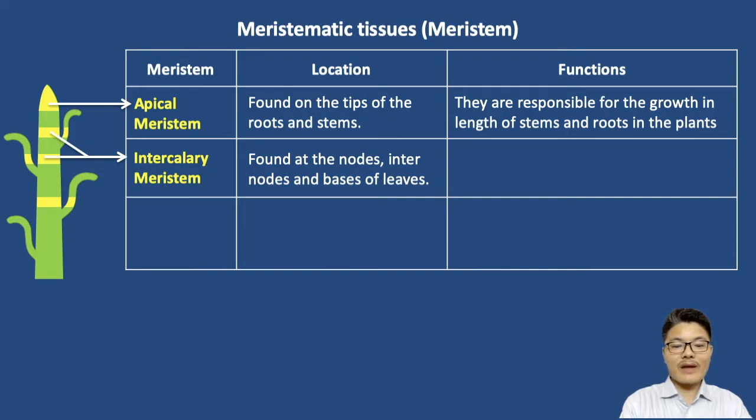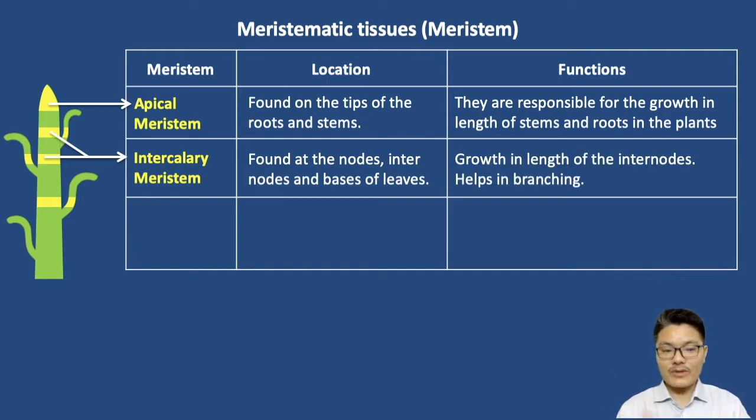So intercalary meristems are found at the nodes from where there is growth of branches, and these are also found at internode, and at the region where growth of leaves occurs. So intercalary meristem is mainly helping in branching of the tree or plants. It also helps in increasing the length of internode.